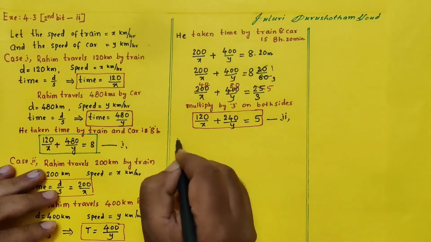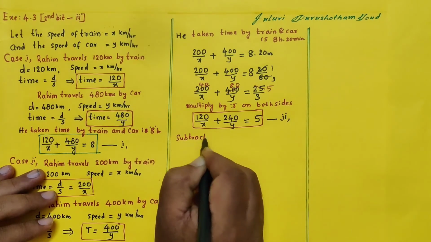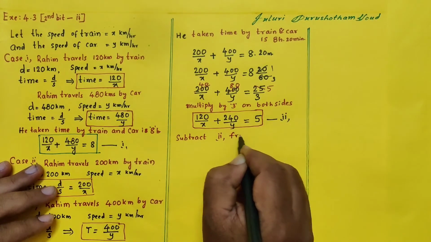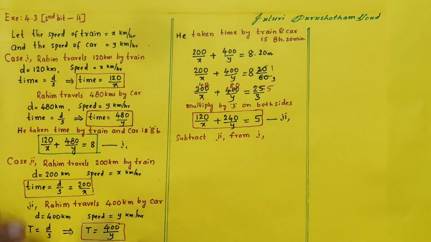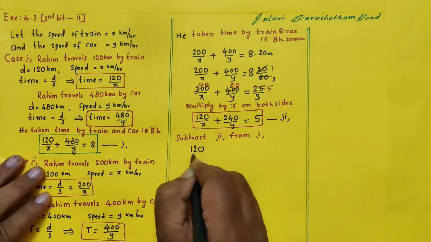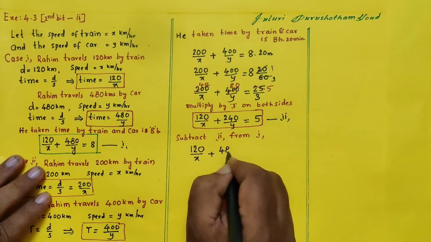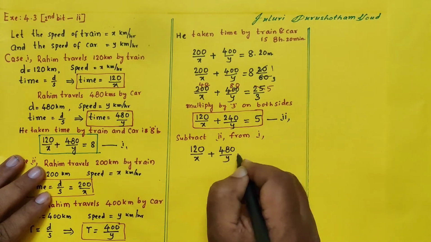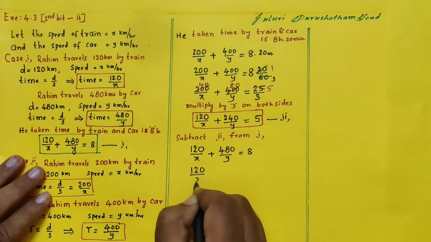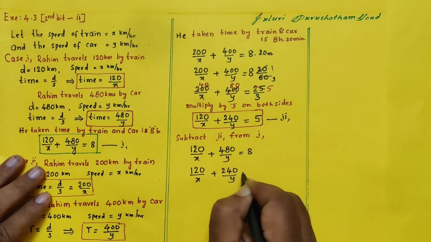That's why I subtract the second equation from the first equation. Your first equation is 120 by x plus 480 by y is equal to 8. In this, 120 by x plus 240 by y is equal to 5.